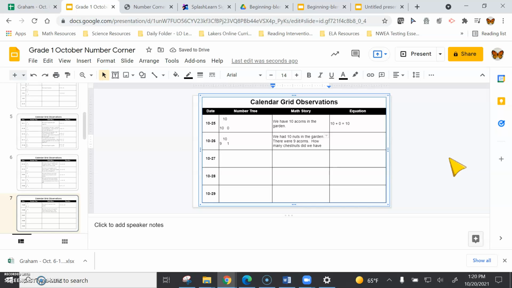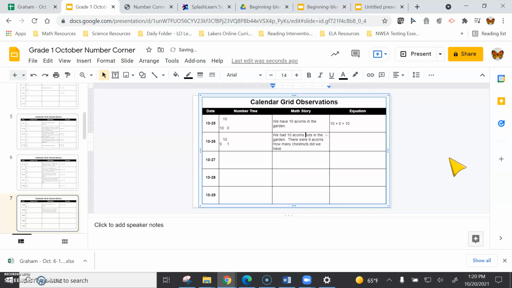Now I'm going to change my story. I said we had 10, and I'll put 10 acorns and chestnuts in the garden. There were 9 acorns. How many chestnuts do we have? Now, I'm changing the number story a little bit. I said we have 10 all together.